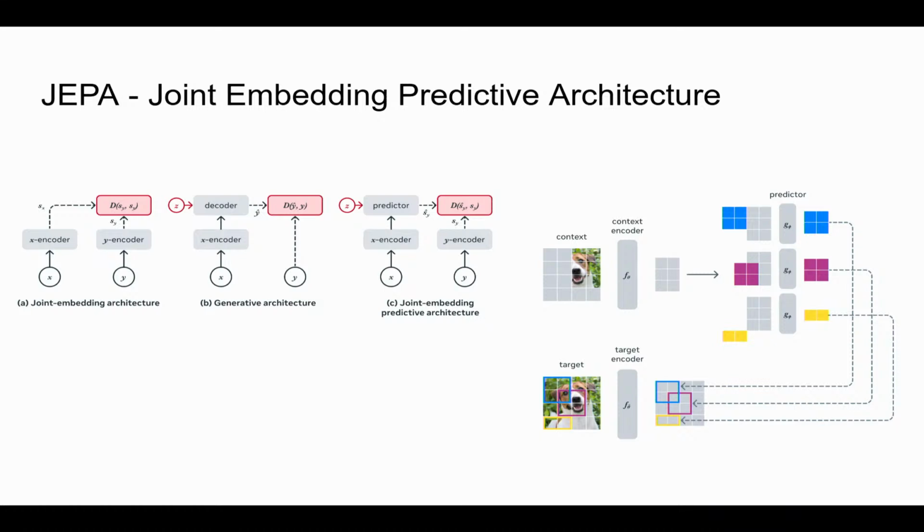Yes, so I feel like I'm not explaining it well enough, but if I have the joint embedding architecture, I take two embeddings and they should be the same. The difference here is the encoders are the same, but I have the predictor.